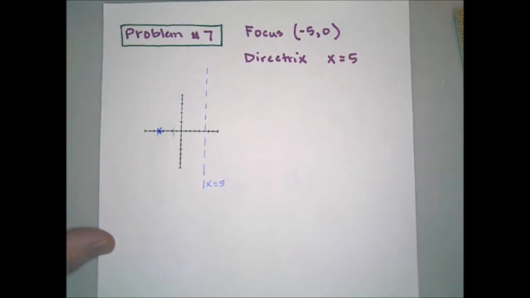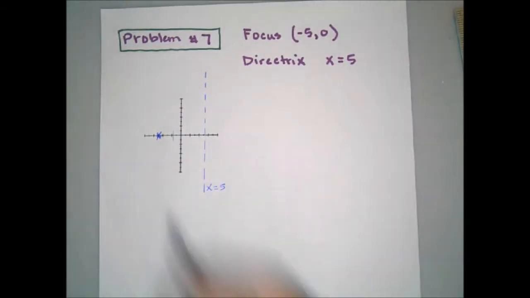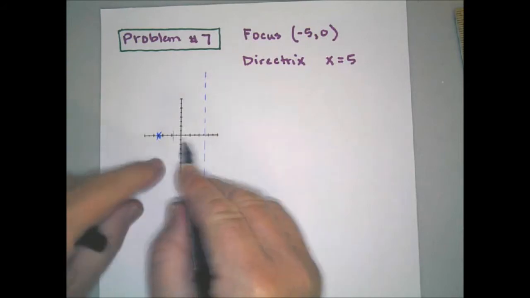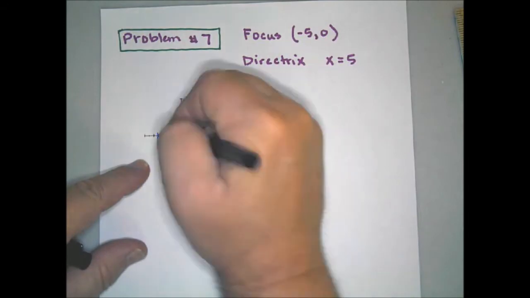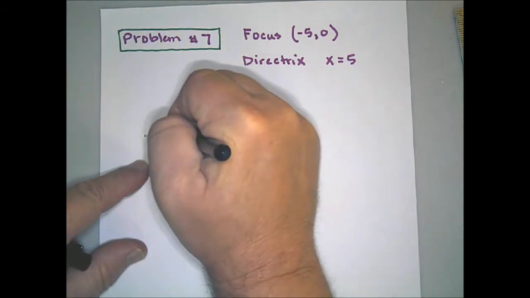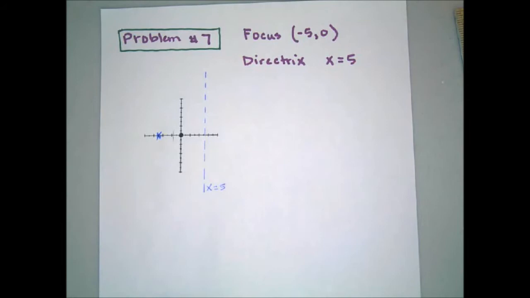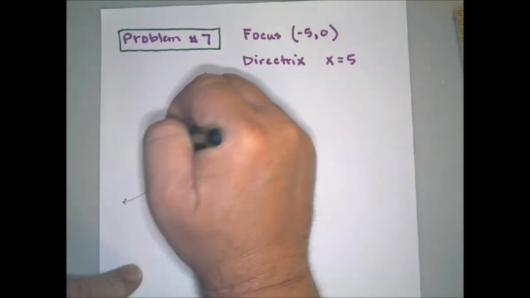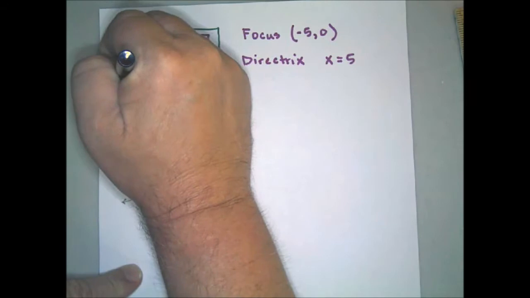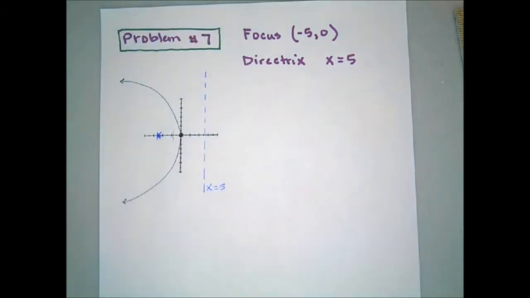It has to be, because the focus and the directrix are equally distant from the vertex. So if this is -5 and that's +5, then the middle must be 0, 0. So I'm going to put my vertex right there. Now, I'm also going to open up my parabola. So, there's the parabola. We know it opens to the left because the focus is always inside the parabola.